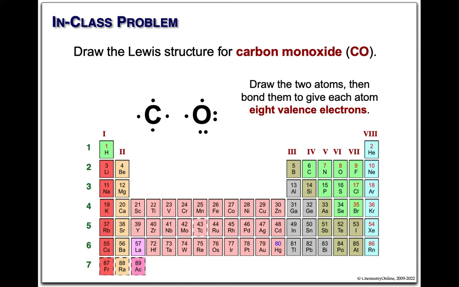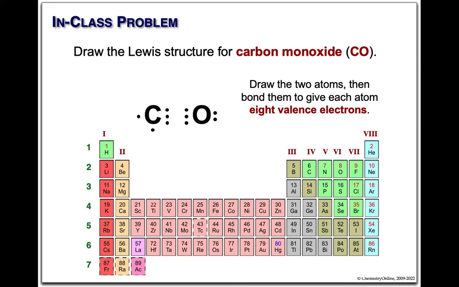So let's do like we did with nitrogen and start off by moving these guys in. When we do that, all of a sudden our oxygen is very happy. It has 2, 4, 6, 8, but poor carbon only has 2, 4, 6. Oxygen is very benevolent and doesn't mind at all sharing nicely, so we're going to take this pair, move it up, and we wind up with this structure.